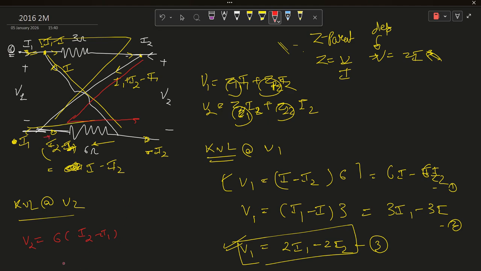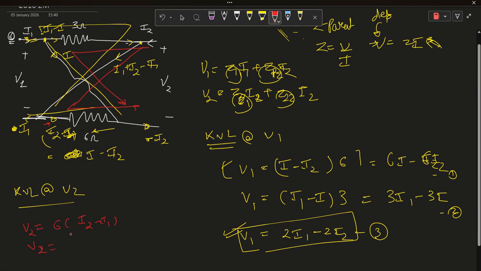Following the other path, we get V2 equals 3(I minus I1).